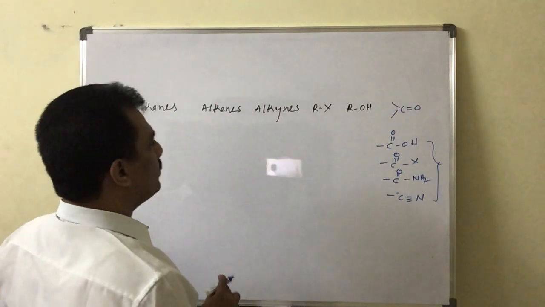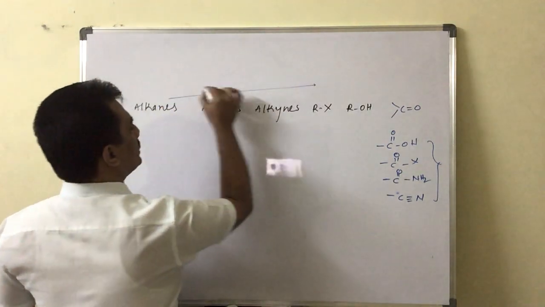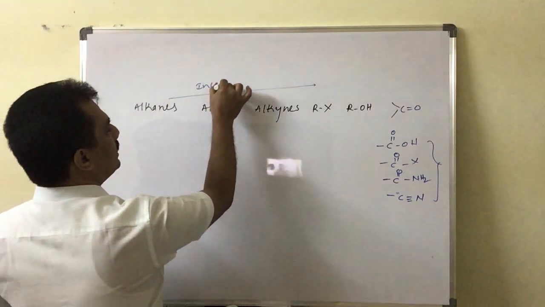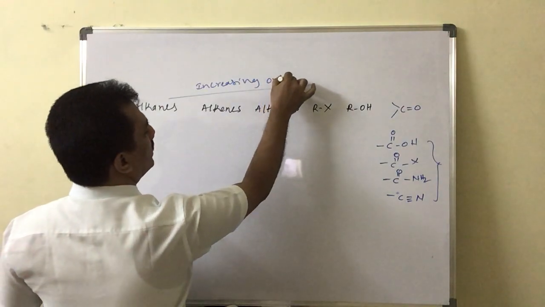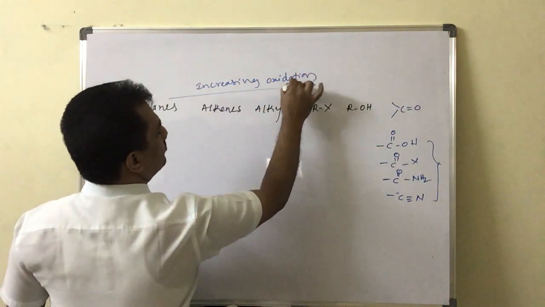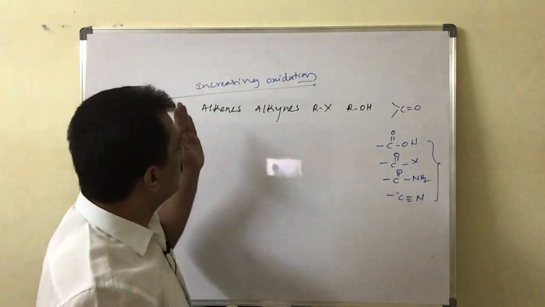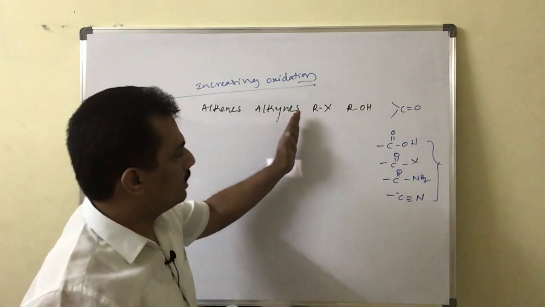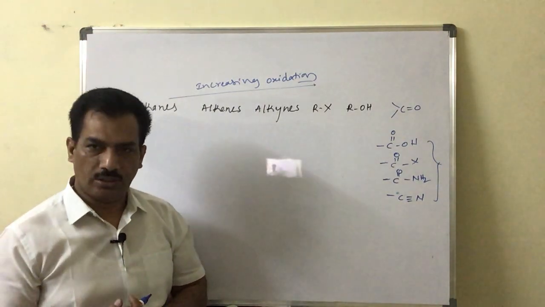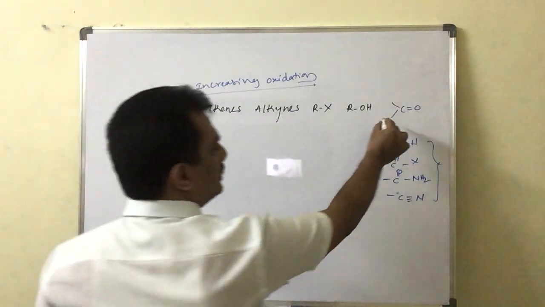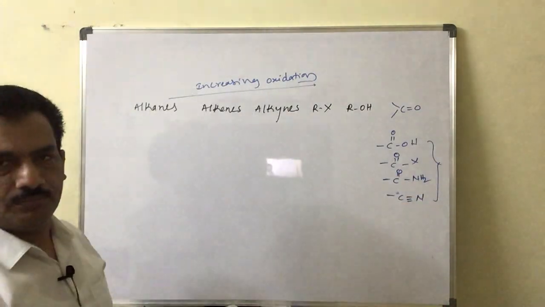Clear? Just remember, the sequence is of increasing oxidation state of carbon. So when we are moving from alkanes to alkenes, or alkenes to alkynes, in this direction, the process involved is oxidation. Here also, after this, these will appear, so it is oxidation. Clear?